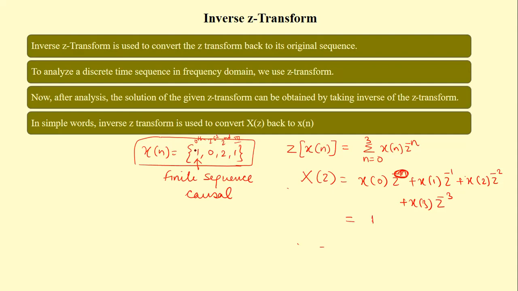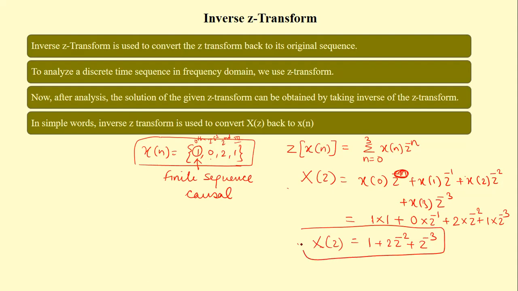So x0 is 1, right? And x1 is 0. So z raised to the power 0 is also 1, plus x1 is 0 into z raised to the power minus 1, plus x2 is 2 into z raised to the power minus 2, plus x3 is again 1 into z raised to the power minus 3. So it is 1 plus 2z inverse square plus z inverse cube. So this is the X(z) of the given sequence, right?